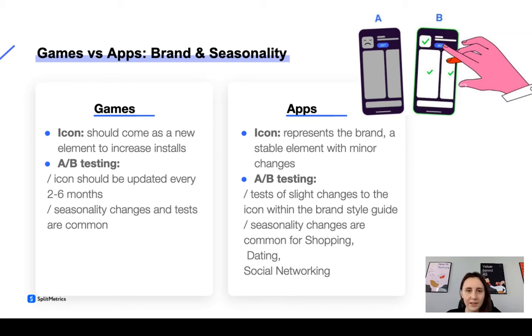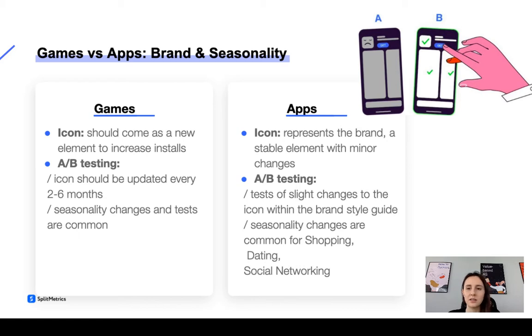This is especially relevant to big brands, right? What apps can A/B test is slight changes to the icon, some elements added to the icon, all the changes within the brand style guide.